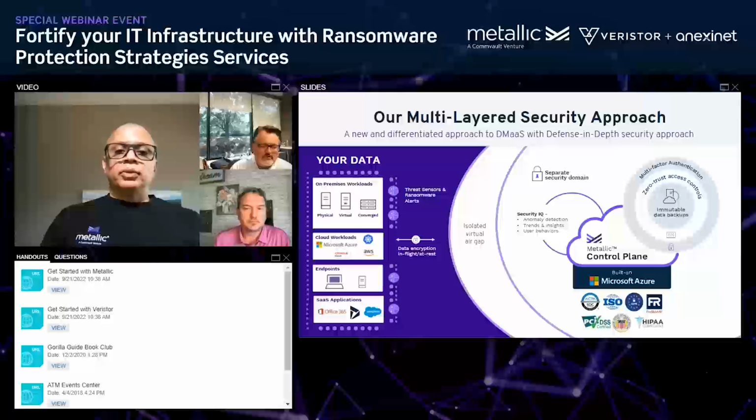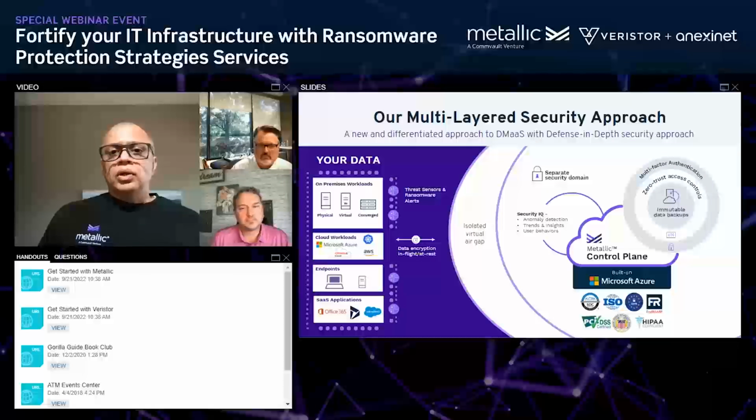Now, in terms of deduplication and compression, all of those efficiencies: Metallic is built on Commvault. So we have created the SaaS platform built on the rock-solid foundation of Commvault, with Commvault's proprietary deduplication technology and compression technology.